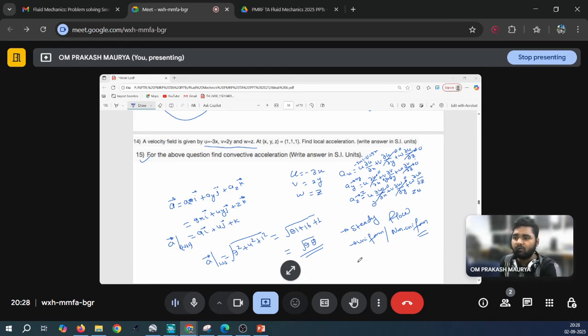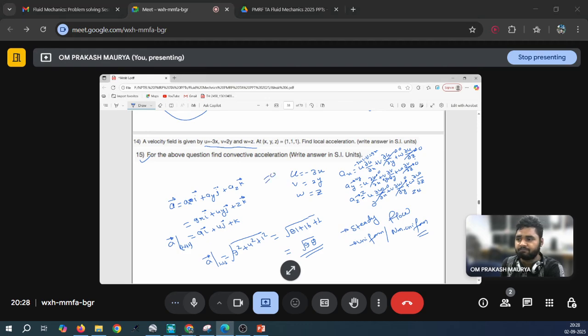Steady is fixed because local acceleration is 0. But you have some ax, ay and az also, because you have some magnitude as your x position is changing. The uniform and non-uniform definition is this.